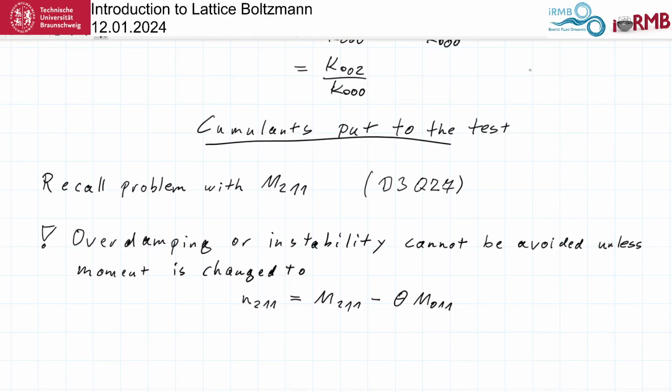Okay, now what happens if we do not relax the moments, but instead we relax the cumulant?